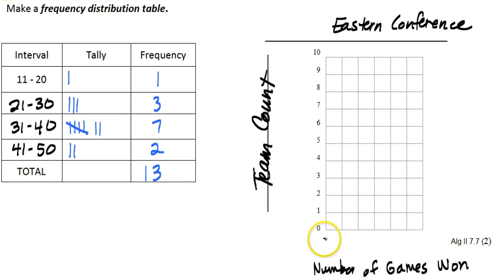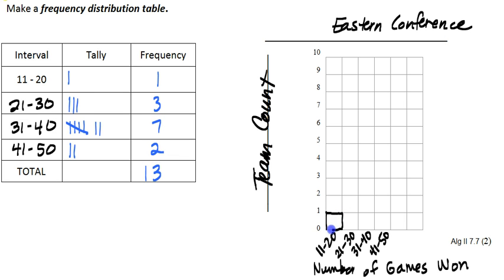And then I write my intervals down here, and it seems weird, but it's okay if you don't start right at 0. So it's okay for me to say 11 through 20 right away. I didn't have to say 0 through 10. 21 through 30, 31 through 40, 41 through 50. And now my bars are representing the count of teams.